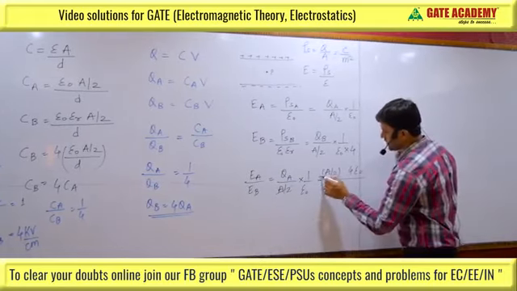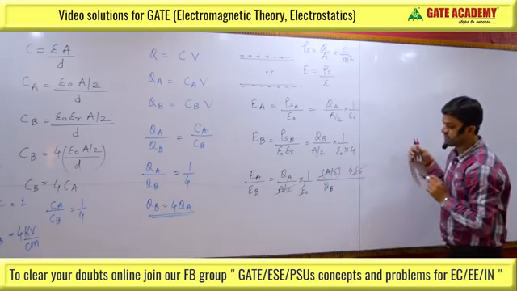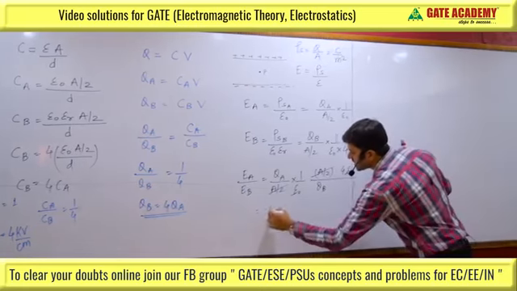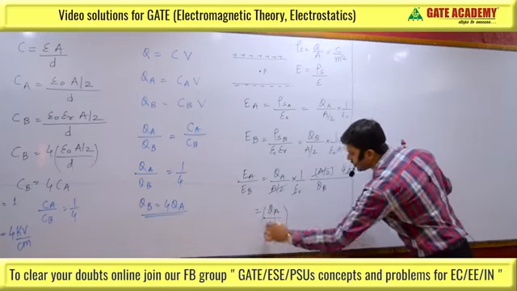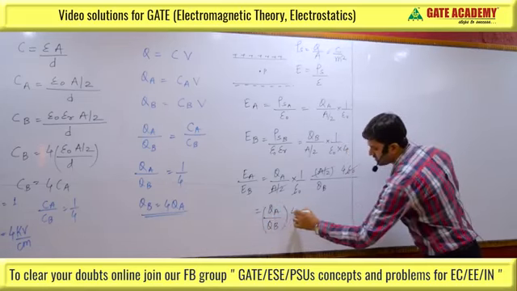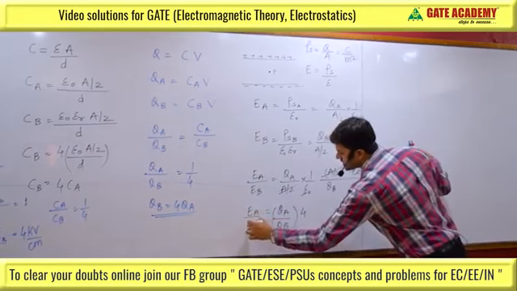So this A by 2 and this A by 2 will get cancelled. This epsilon naught and epsilon naught will get cancelled. So we will get QA upon QB into 4, that is equal to EA upon EB.